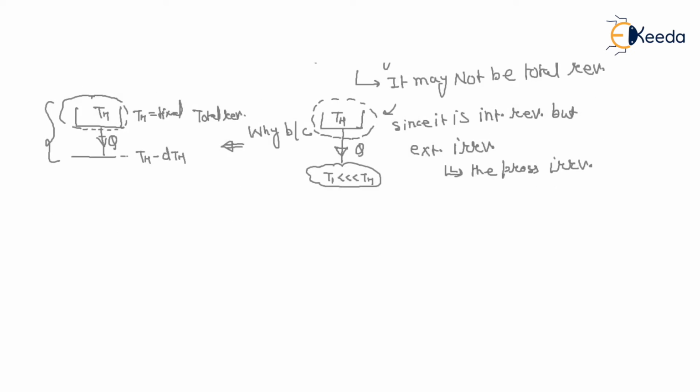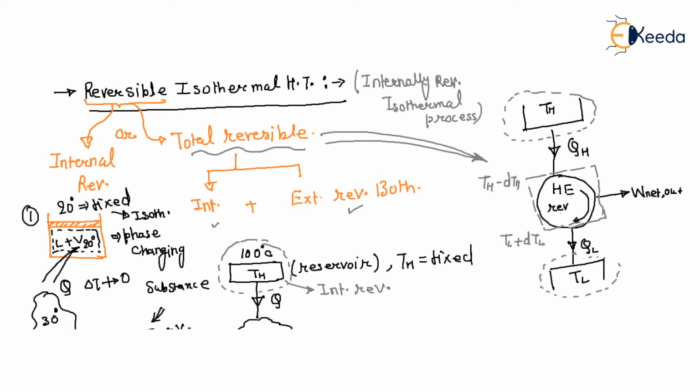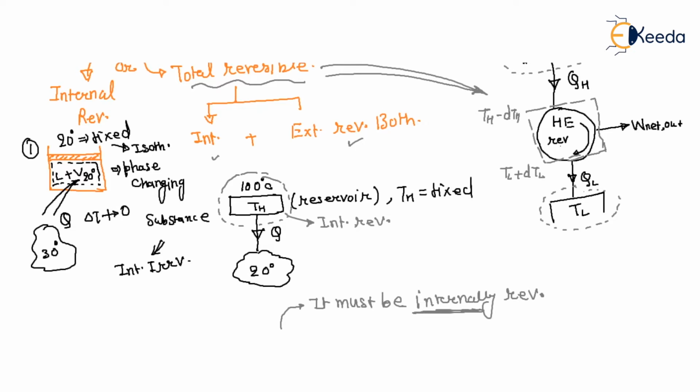So now what is the change of entropy for this two-phase system or for the reservoir? See, we know that the change in entropy for a process 1 to 2 is the integral of dQ by T for an internally reversible process, right?